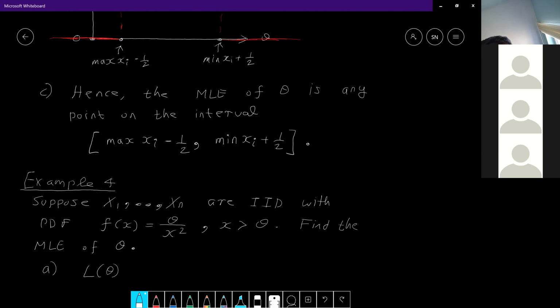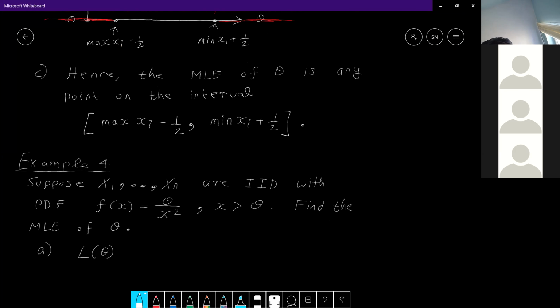The first thing is to write down the likelihood function. And then you need to have the indicator function which says that every xi is greater than theta.